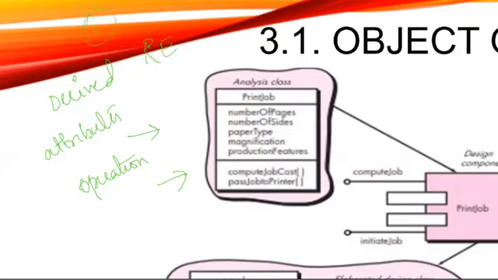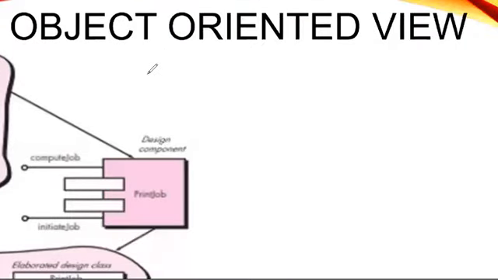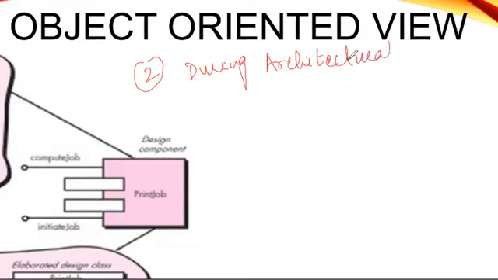Then the second phase is during the architectural design, that is when you're designing the architecture. At that time, this print job is defined as a component. This symbol here, one rectangle with two protruding rectangles at the left side, is called your component symbol.